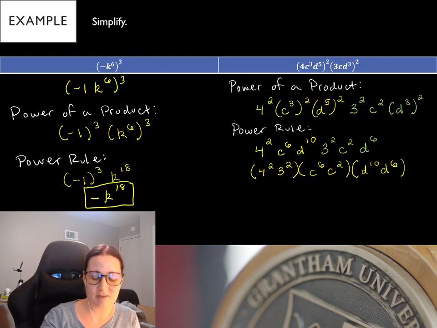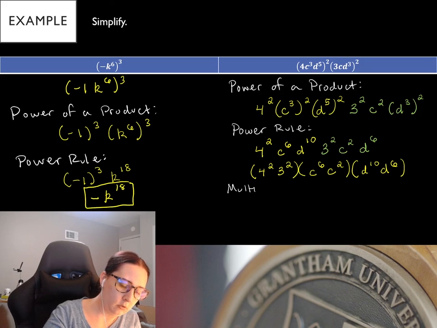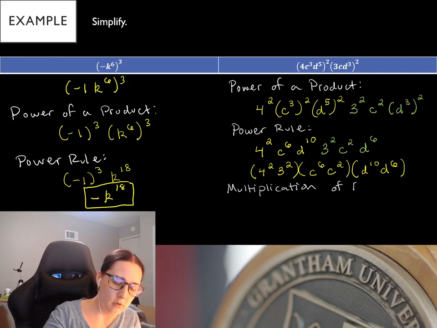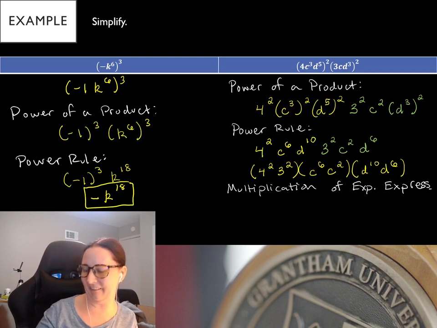Next step here, it doesn't really matter what we do next, but I think we're going to do an exponent. We're going to do the multiplication of exponential expressions. This is how I abbreviate it, because basically they start with the same thing.